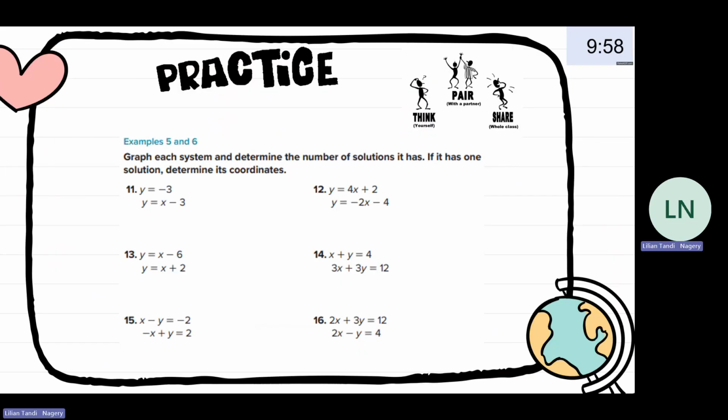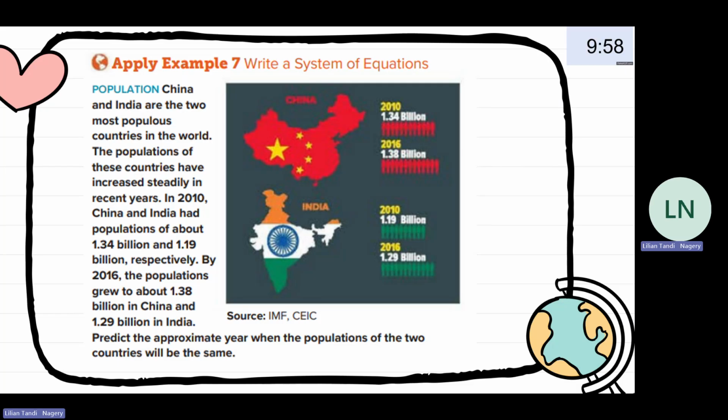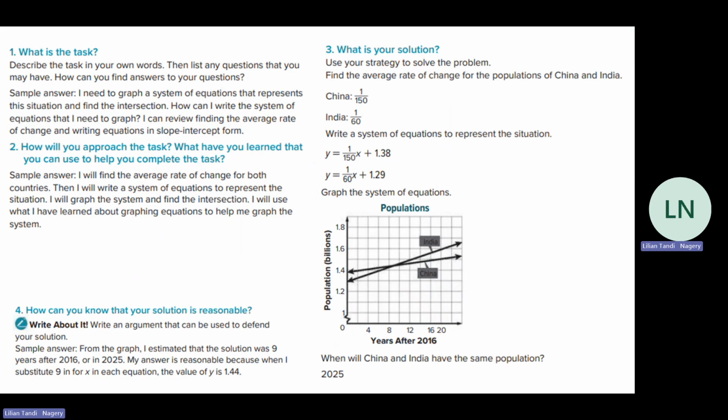Then you do this for practice. This is the story. From this story, you're supposed to come up with a system of equations. From the story, here is your system of equations. When you draw it, your solution is here, where your 2 lines are meeting.